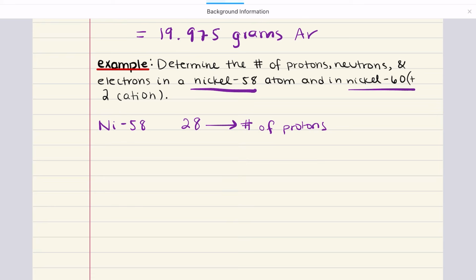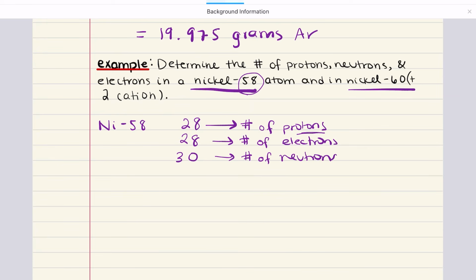Now, in a neutral atom of nickel, which is what nickel 58 is here, there's going to be 28 protons and 28 electrons. So the number of protons is going to equal the number of electrons. That means something really important. If we have 28 protons, but 58 here tells us the mass number, we can figure out the number of neutrons by subtracting 28 from 58, and that gives us 30. This is our number of neutrons.